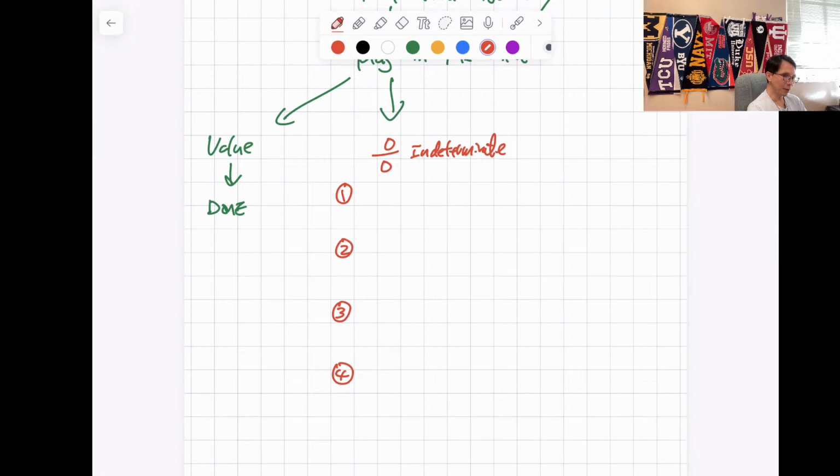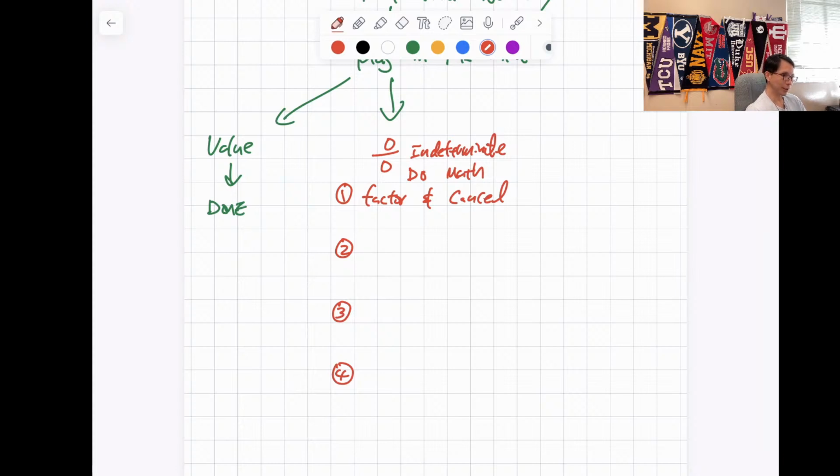If you ever have a 0 over 0, I would just tell people, do math. What kind of math, right? One is factor and cancel. So hopefully you can factor the numerator, denominator, whatever you can factor, using box method or whatever.